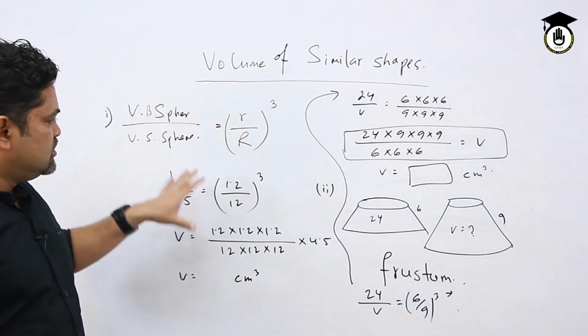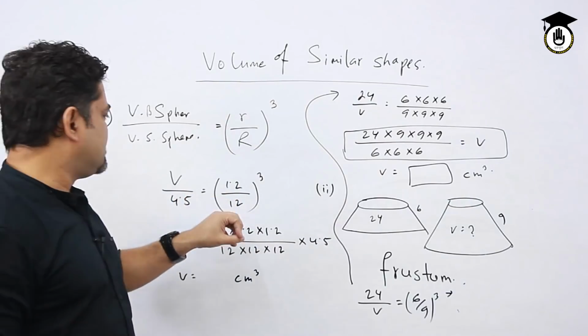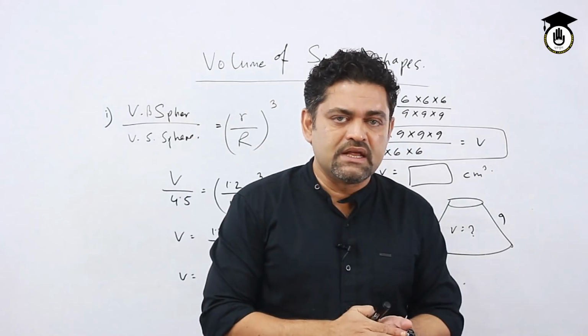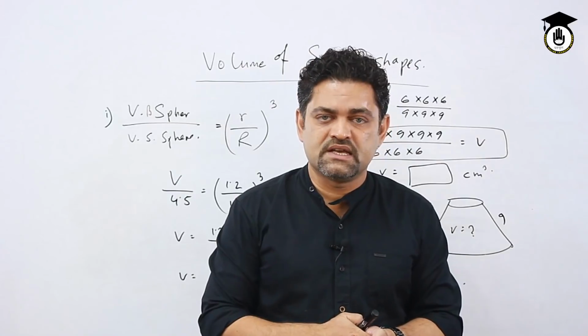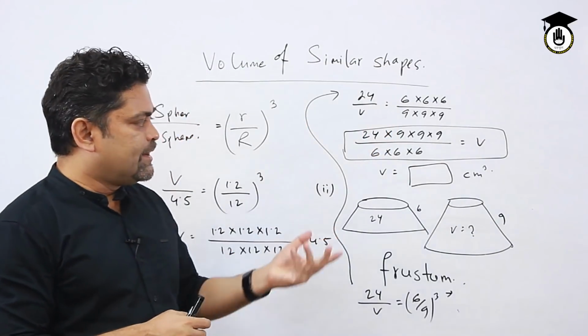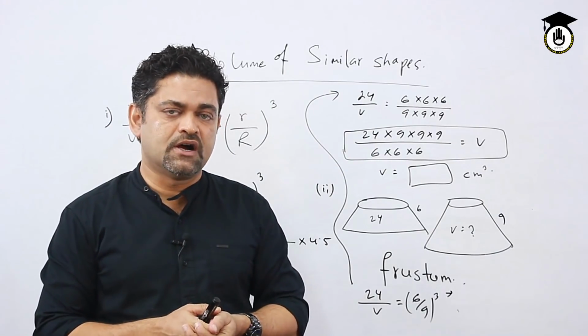So I have solved two problems for you, the sphere with radius 1 and volume 1. In this lecture, we tried to help our students understand the volumes and areas of similar shapes, and we have given their formulas.